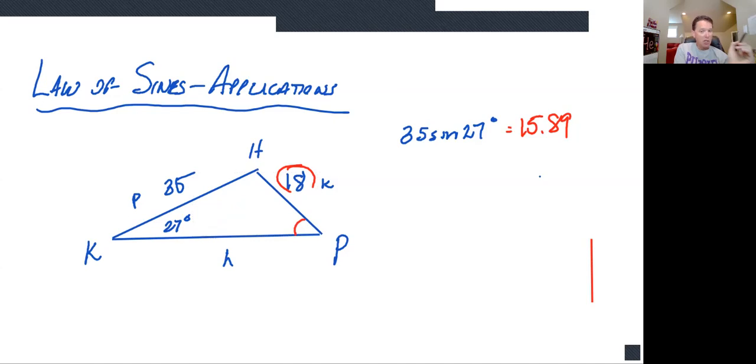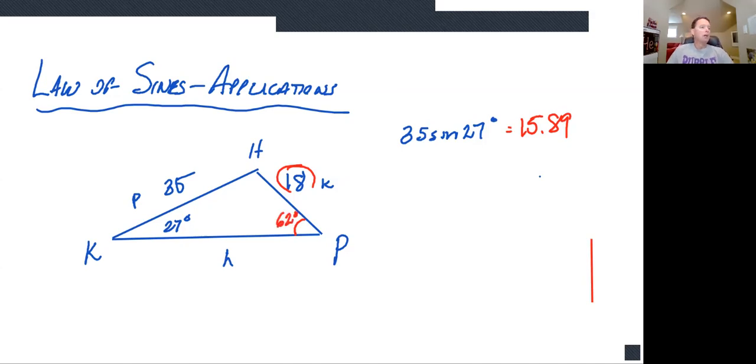And the reason I assume it's acute is because inverse sine will give you an angle in the first quadrant, which is between 0 and 90 degrees. So that's what your calculator will give you. Did you find that angle? Yes. What is it? 62. Okay. Is it good enough to say 62 exactly?